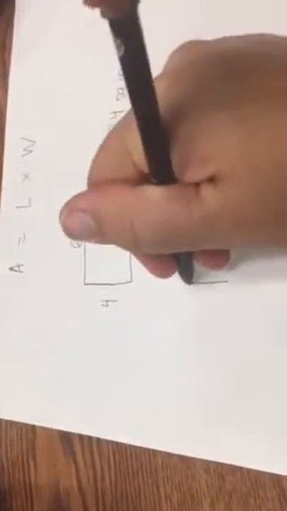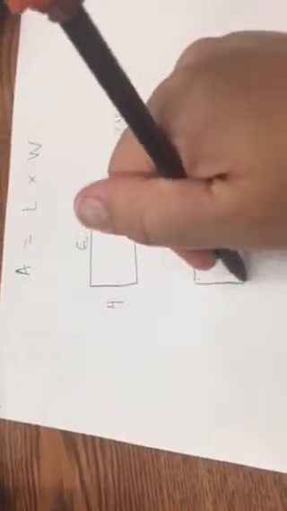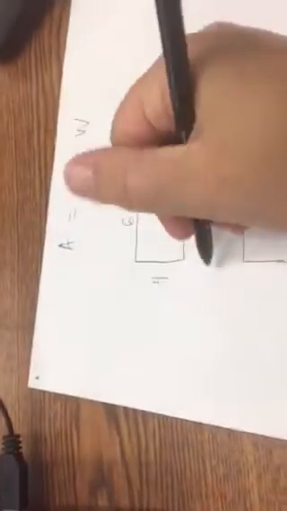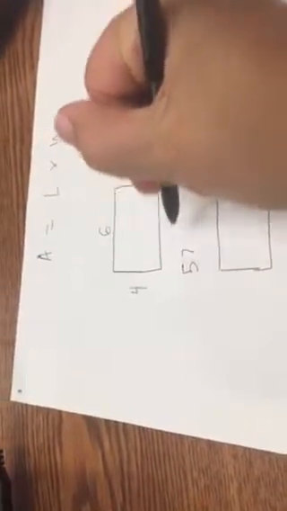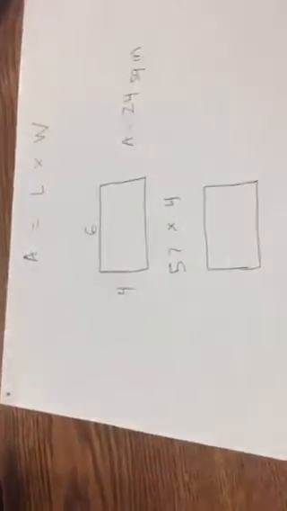Now, when we start to multiply 2-digit by 1-digit numbers, we can actually use this rectangle as a model to solve that problem. So for example, if I had 57 times 4, I'm going to take that 57 and expand it out, or divide it up by its place value.